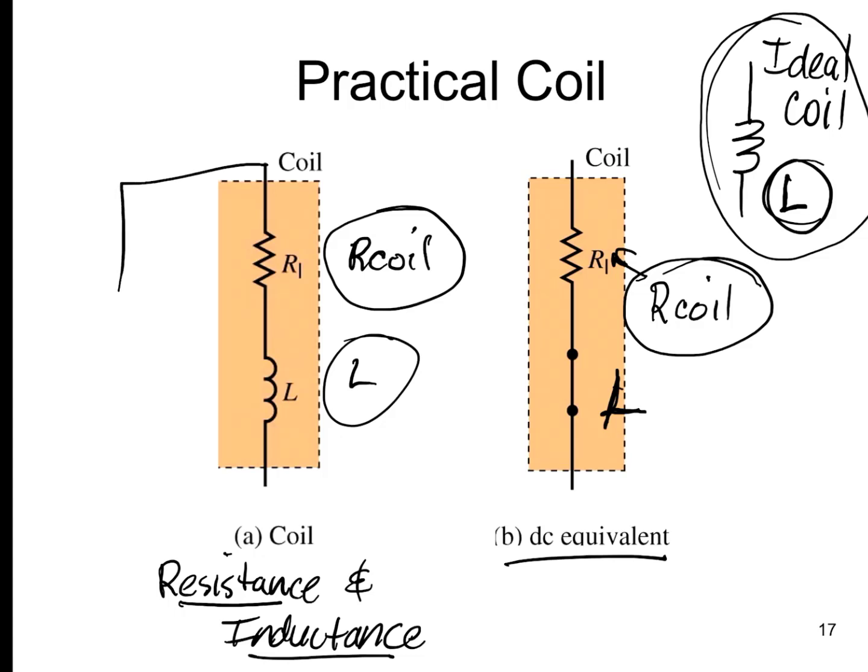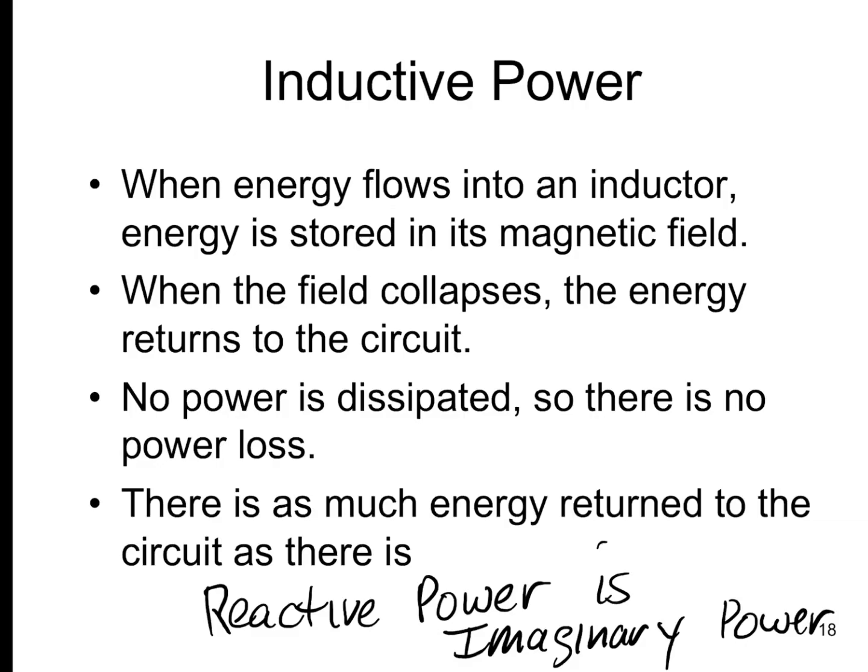When it comes to an AC scenario, then we need to understand that L value does exist, but so does the R coil, or the resistance of the coil, exist when we look at the practical example. Okay? So that's what we're talking about there. So whenever we look at questions, they'll be quite specific as to say we're working with an ideal coil or a practical coil. And if we're working with a practical coil, we have to be aware of the resistance.